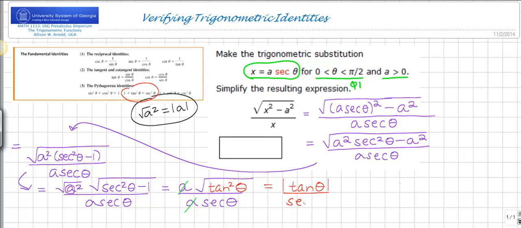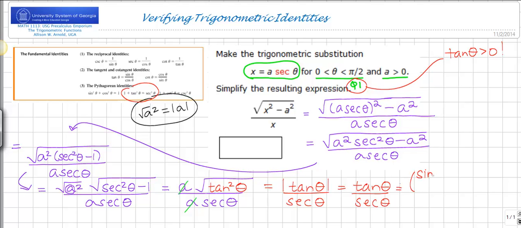Now let's see if we can make a decision here. Well, in quadrant 1, tangent as well as all the other trig functions are positive. So its absolute value is itself. Okay, now we can kind of feel like we're getting somewhere.